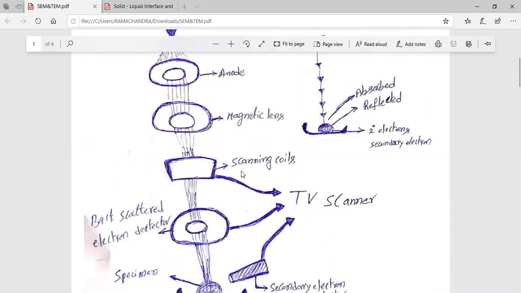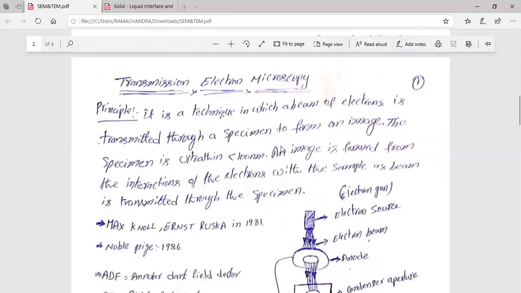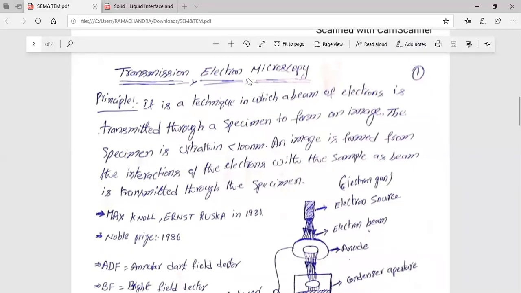So next we go for transmission electron microscopy. What is the principle involved in transmission electron microscopy? It is a technique in which a beam of electrons is transmitted through a specimen to form an image.